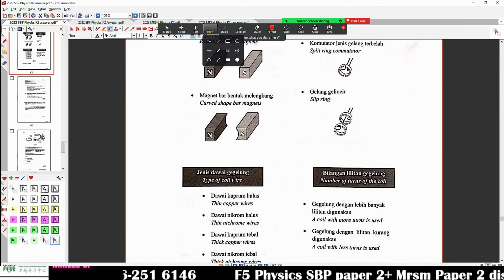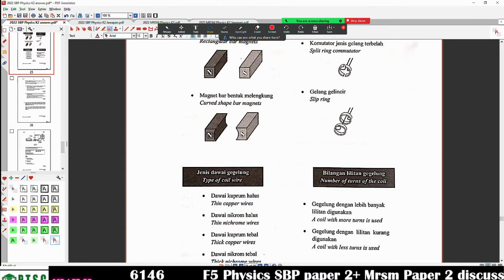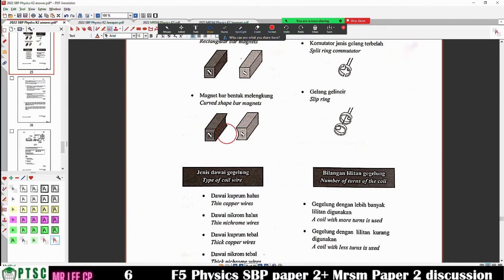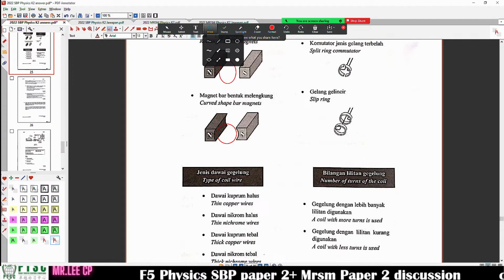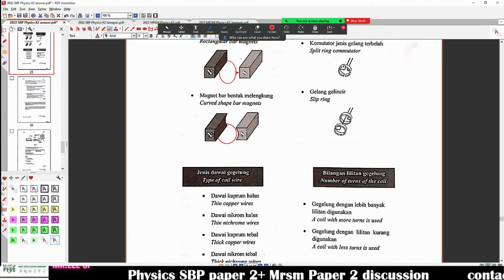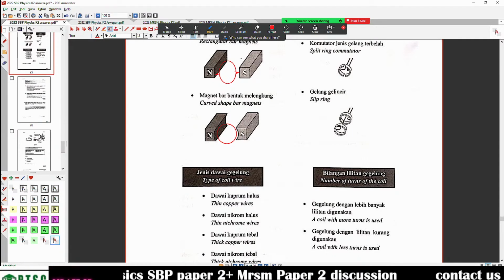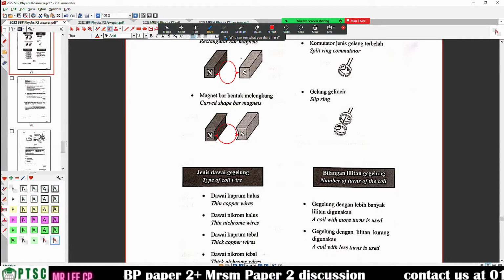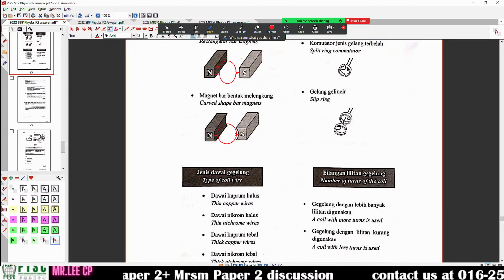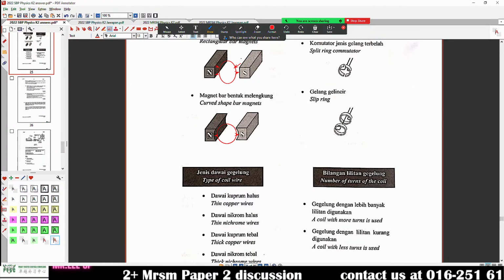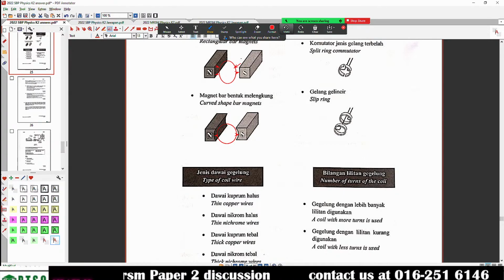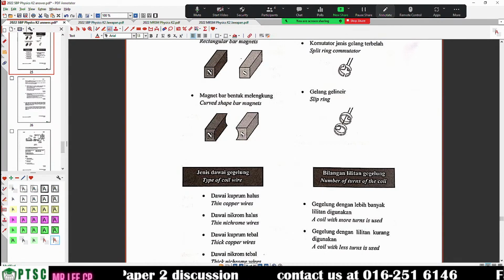Your coil goes into this way, and into this way. So this side is quite near, this side is near. But here, it is far already. When it is further, it is not strong anymore. So you can say stronger magnet.